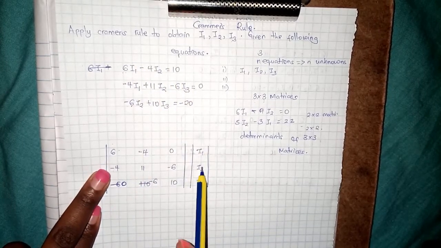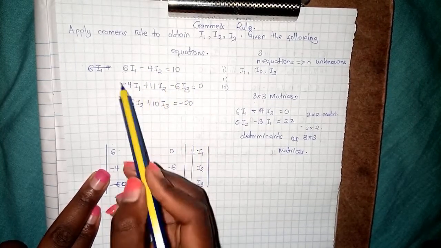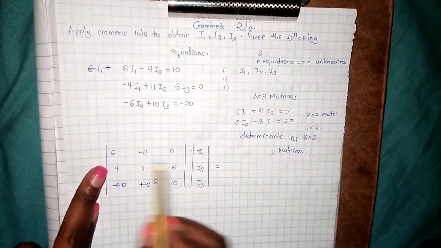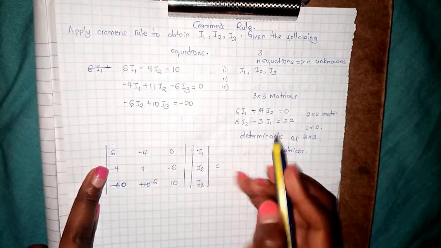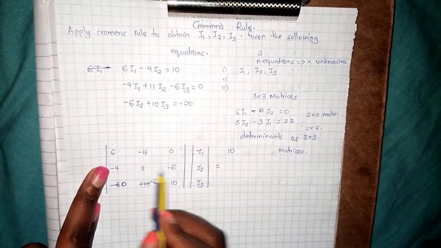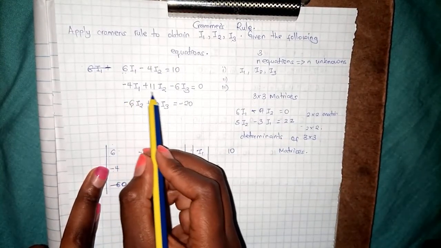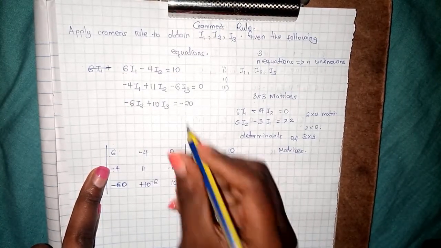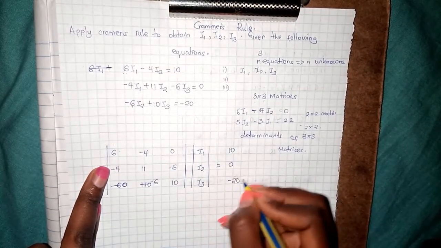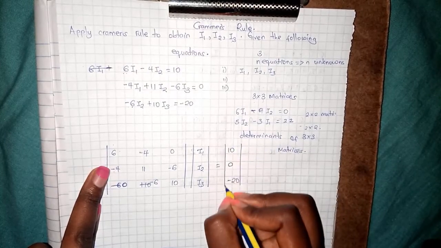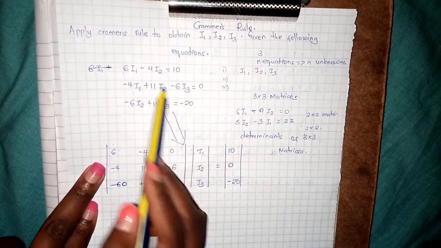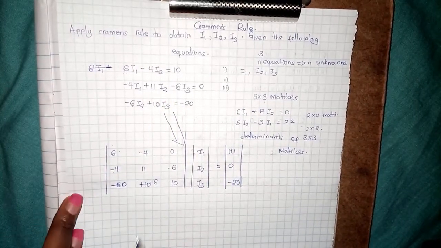This by this, this by this, this by this, equal to the second one. And then lastly, -20. So this is the representation of the equations in matrix form.